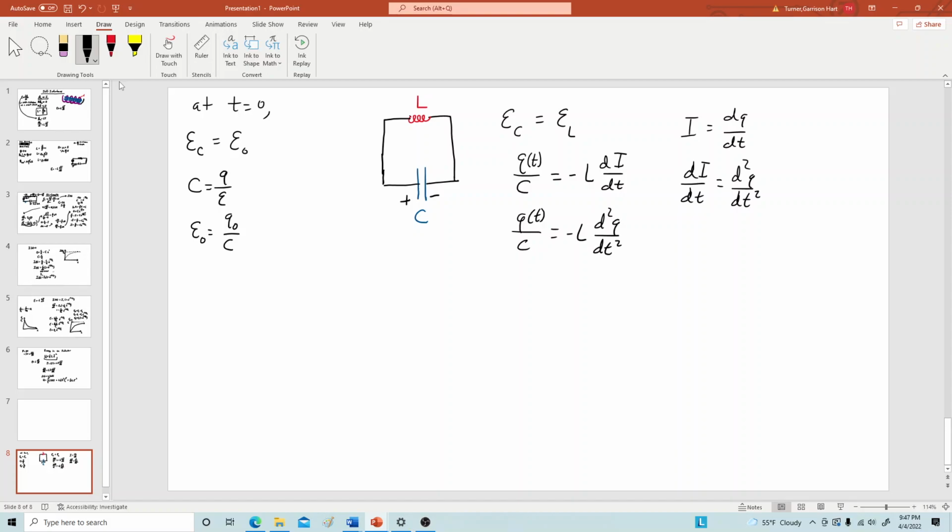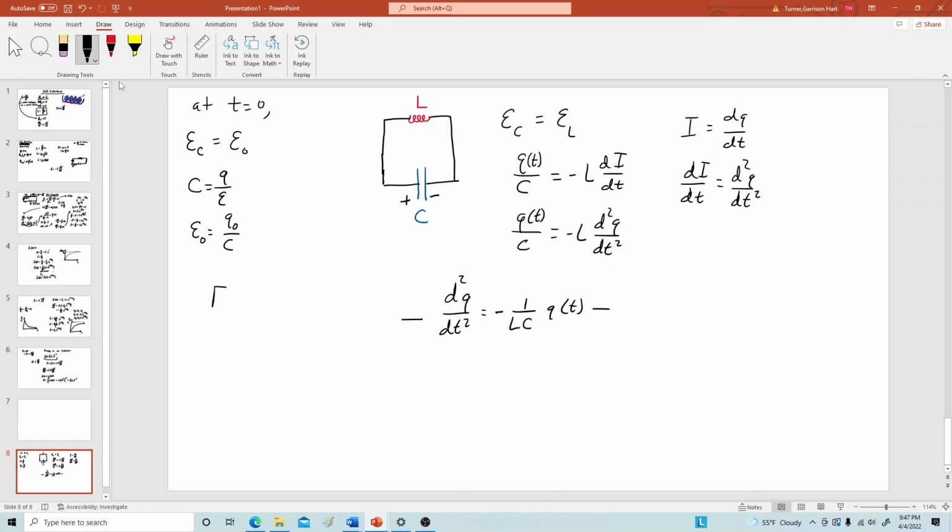And I'm going to write this in a slightly more suggestive form. Divide both sides by negative L. I'm going to get negative 1 over LC times Q of t is equal to the second derivative of Q. And now this has a form of Hooke's law.